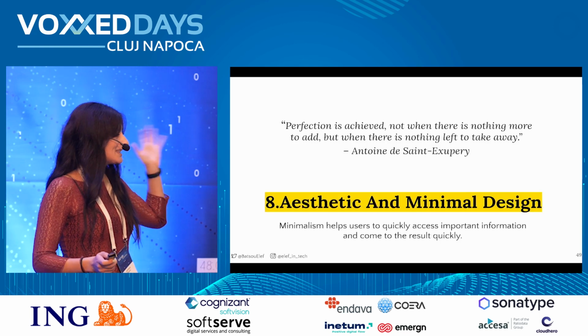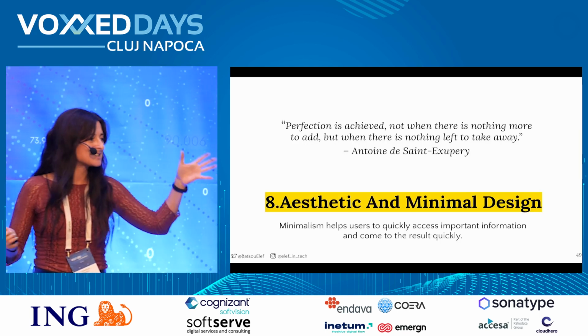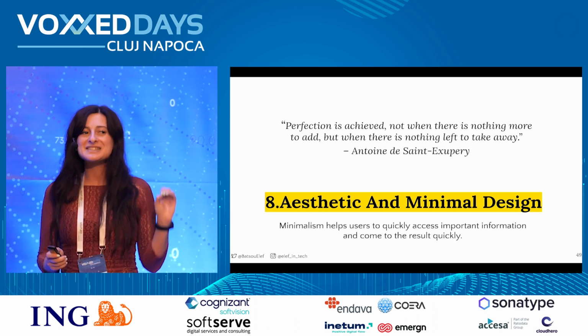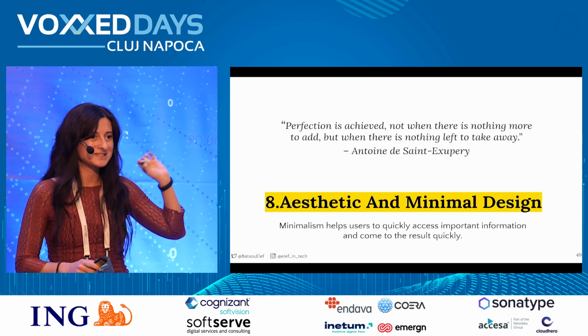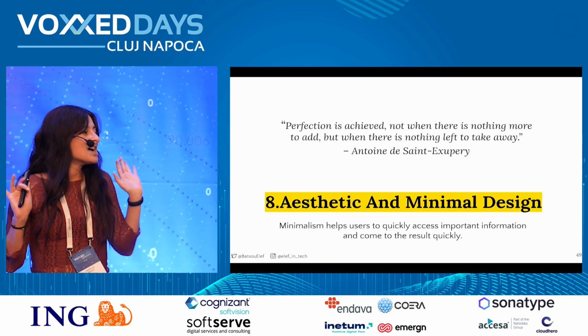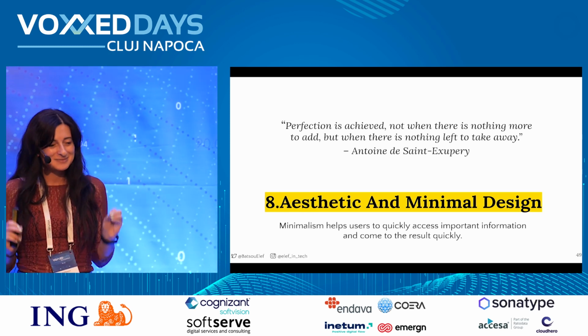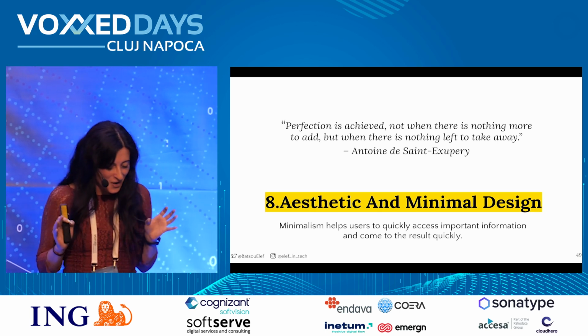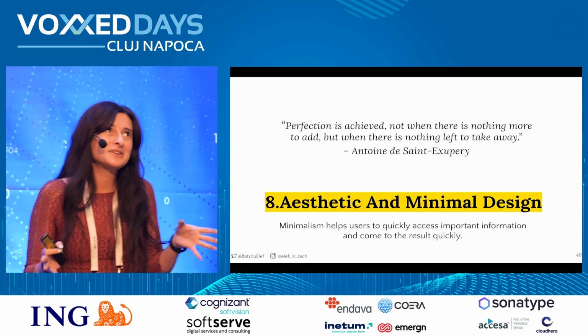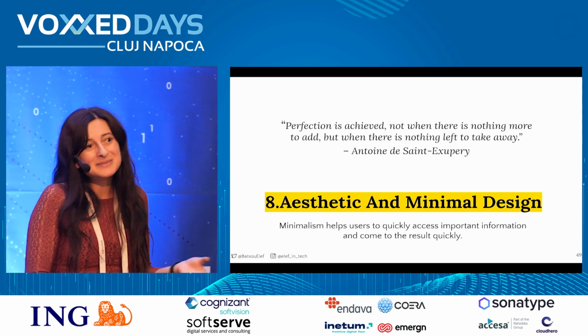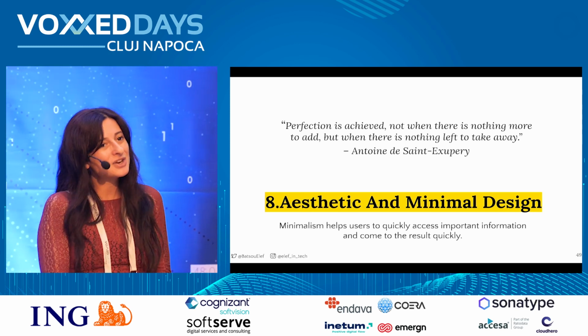Okay, let's move on to the 8th tip, aesthetic and minimal design. This is the second favorite of mine. The previous one was about standards and consistency. So, let me give you some practical examples here. We all have seen some websites full of colors, full of different typographies, and sometimes that can be cool, but not always.